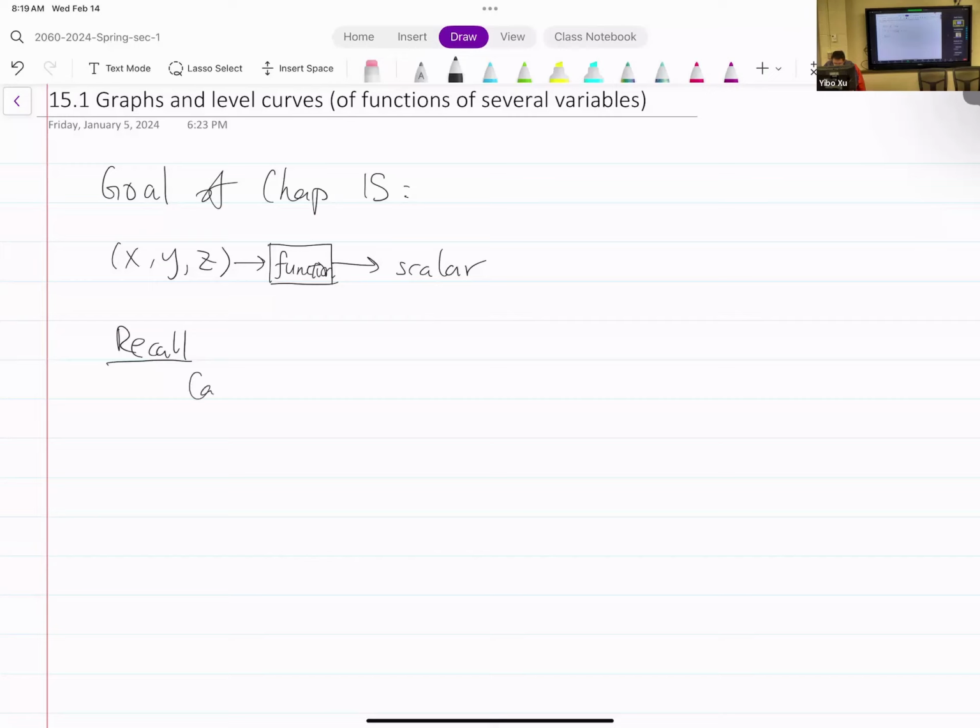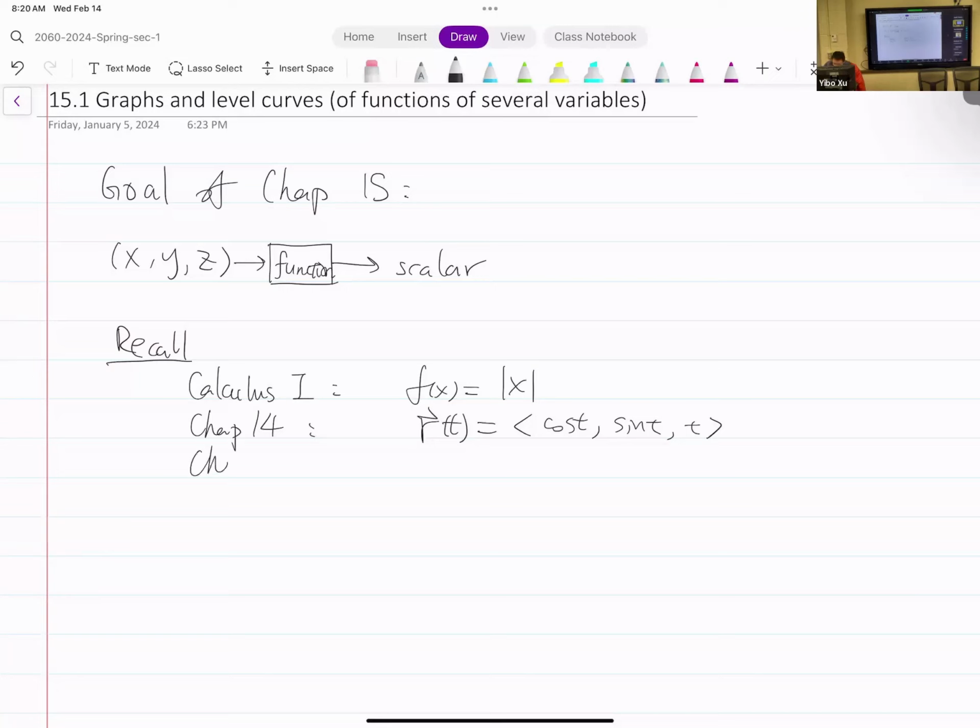So what's different? For Calc 1, it's always a single input and a scalar output, like the absolute value function. But then we extend it by doing a vector function, which is a single input, the parameter, but then we just give you the curve, where each component is a univariate function in terms of that parameter.